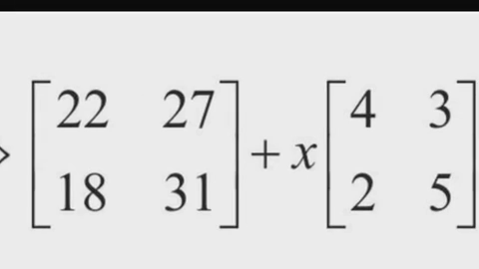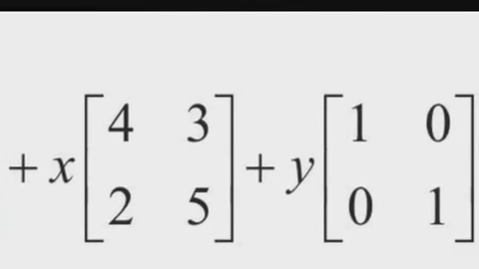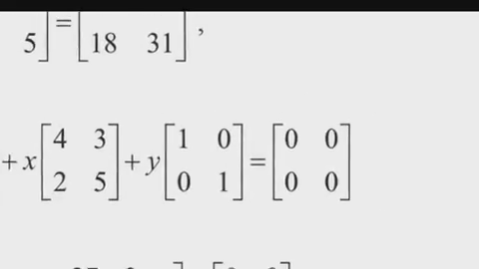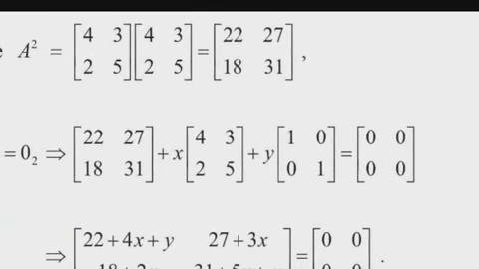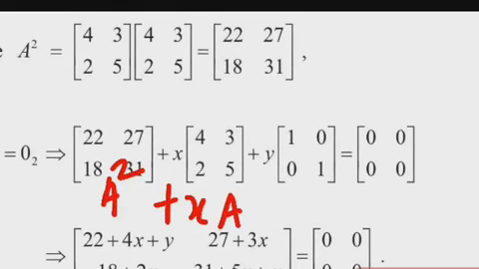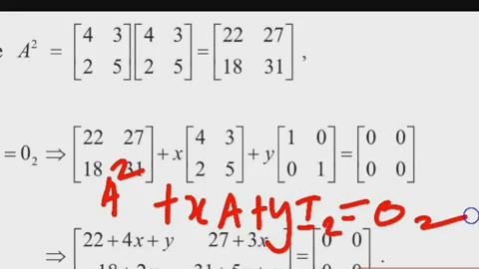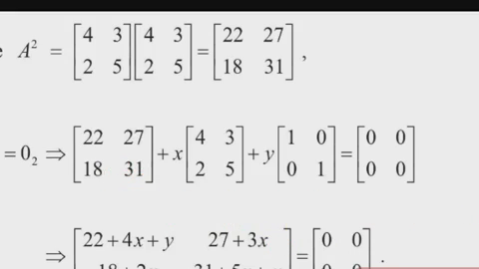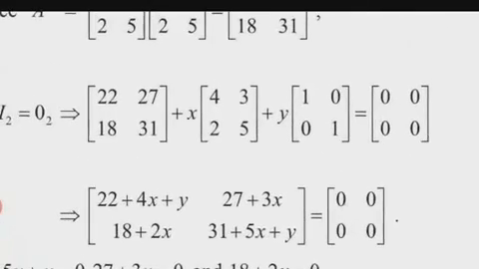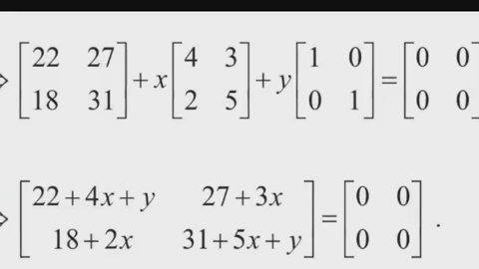So this is the A square value, plus x into A value, plus y into I2 value, equals the O2 value. Here we use the matrix addition method.